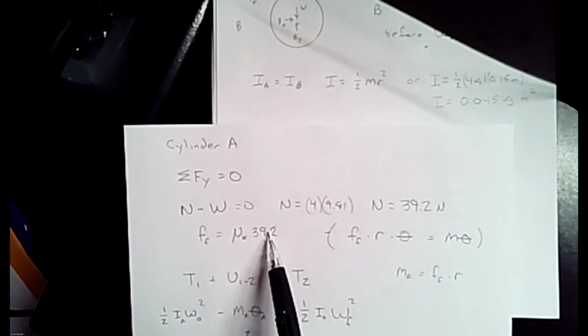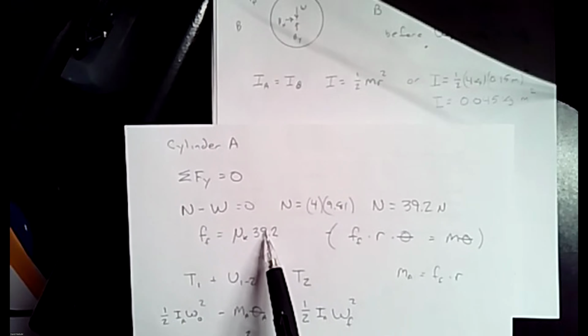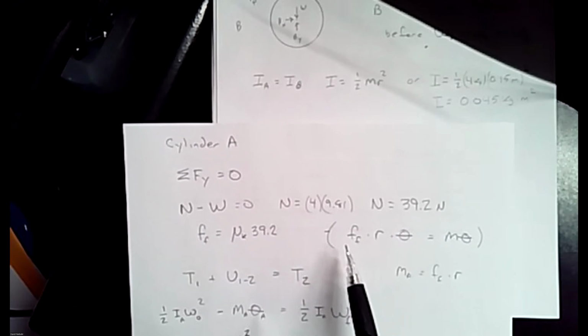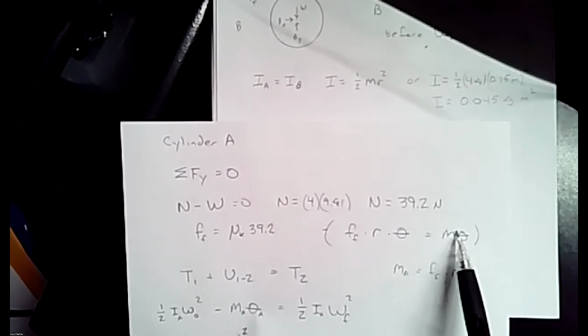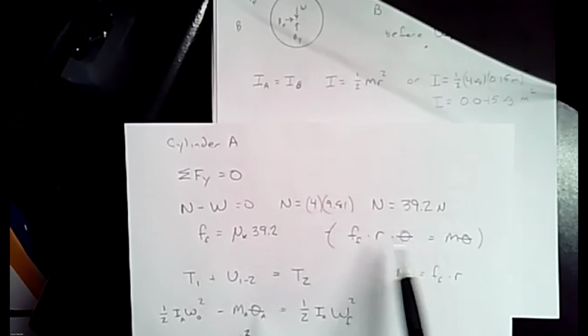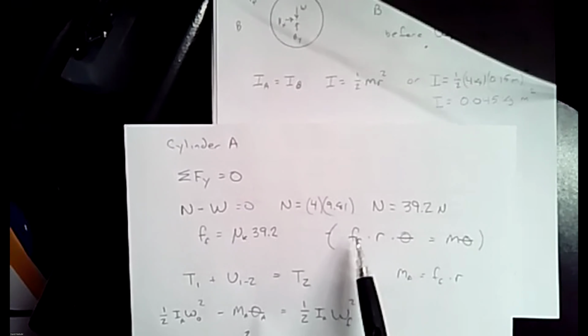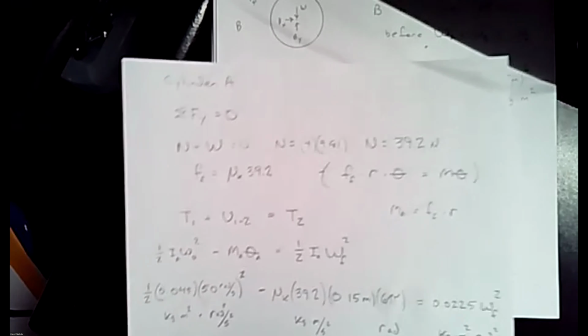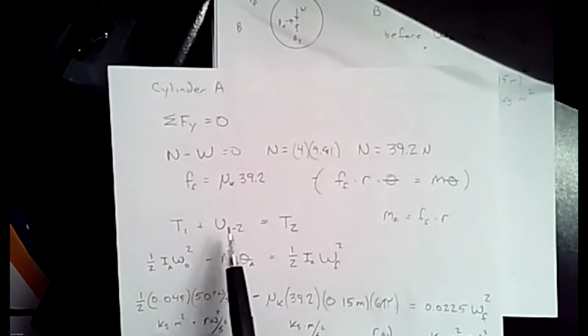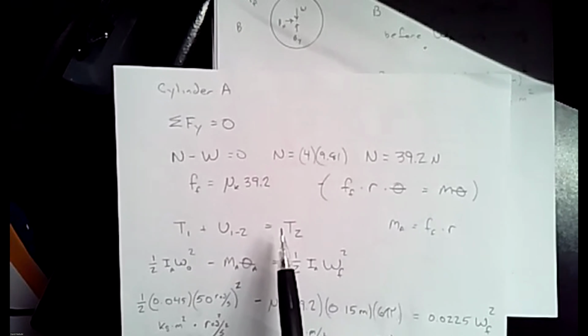We know the maximum friction force is going to be mu k times the normal force, or mu k times 39.2. Now, as I said, this is an energy problem with our M theta. So our M theta is essentially going to consist of the friction force times the radius to create a moment, times the number of rotations. We're going to have T1 plus U1-2 equals T2.